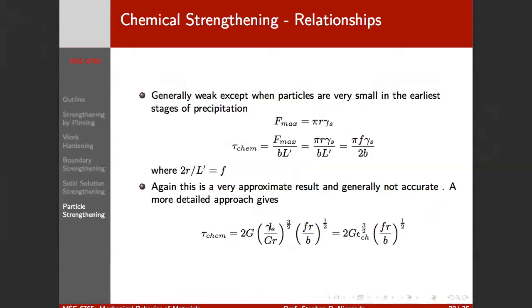So on Monday we'll go through this with some detail, and a week from Monday we'll go through this with some detail.